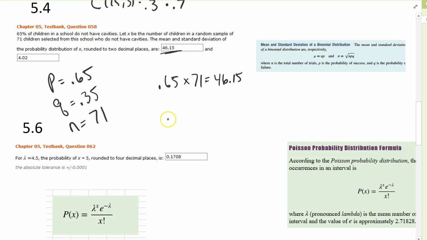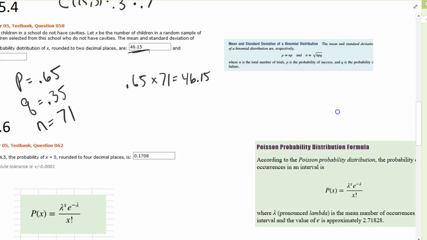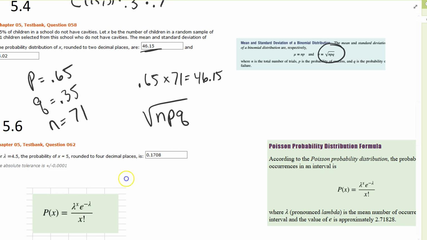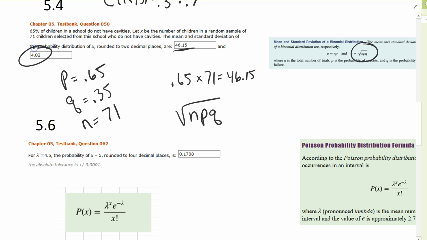So that's going to be your mean. Your standard deviation is going to be the square root of n times p times q. So 71 times 0.65 times 0.35, then take the square root of that. And that gives you your standard deviation.